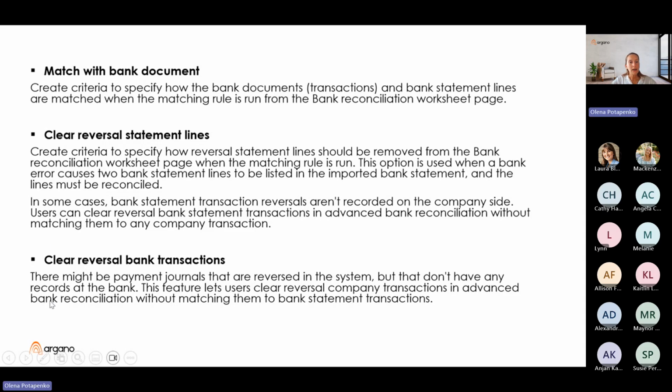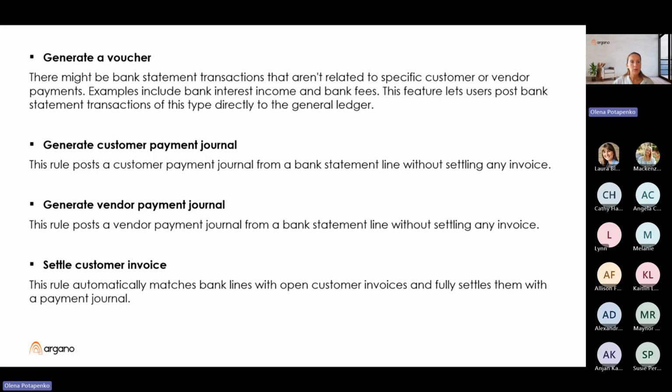I think I will better leave this. You can read the explanation of this action when we send you this presentation. So I will go to the next one, and we will stop on generate a voucher.